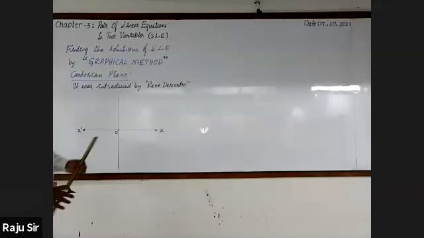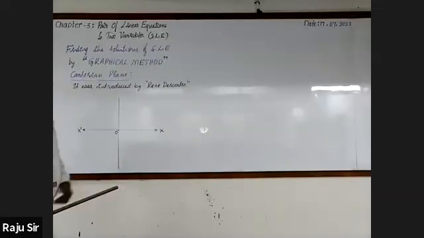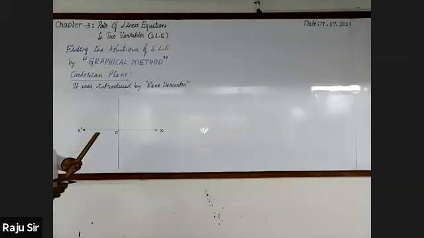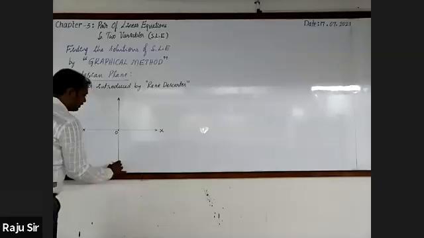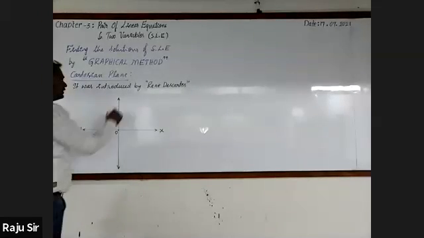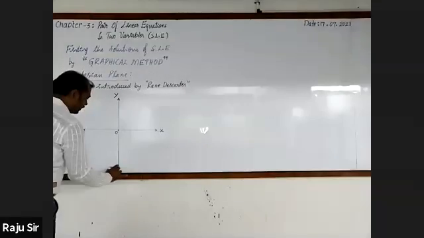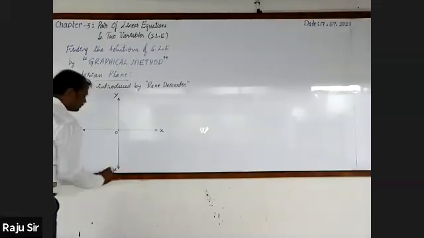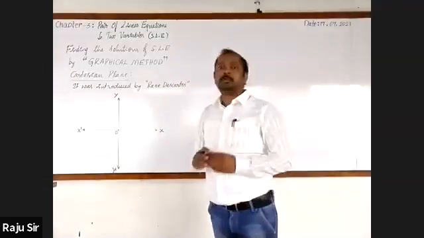It should be XO, X dash, in capital letters. Remember, don't use small x. Similarly, the vertical line is called Y axis and is denoted as YO, Y dash. Y dash and O should be capital letters.